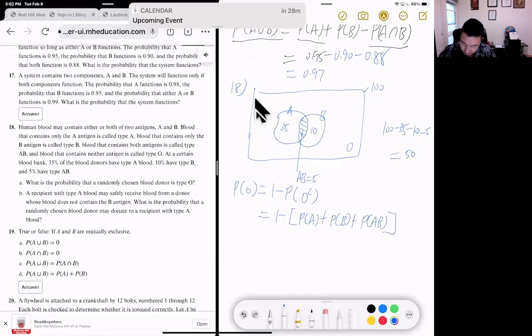And P(A) is 0.35, P(B) is 0.1, P(AB) is 0.05. So 0.5. So this question is a little bit different. Do not confuse 35 as the whole circle of A, because the intersection between A and B has a special name, the blood type AB. That's the tricky part for this.